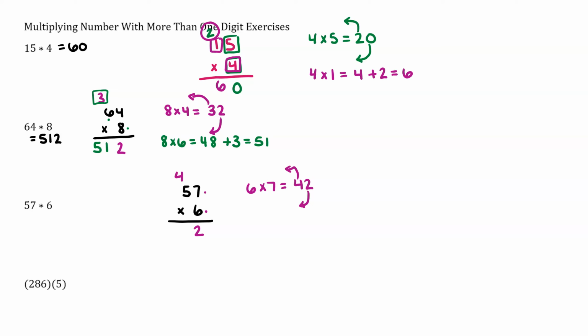Then we'll do 6 times 5. So 6 times 5 equals 30, but then we have to carry down 4, which makes 34. So I put my 34 there because there was not another digit to the left to carry. And what that means is 57 times 6 is 342.